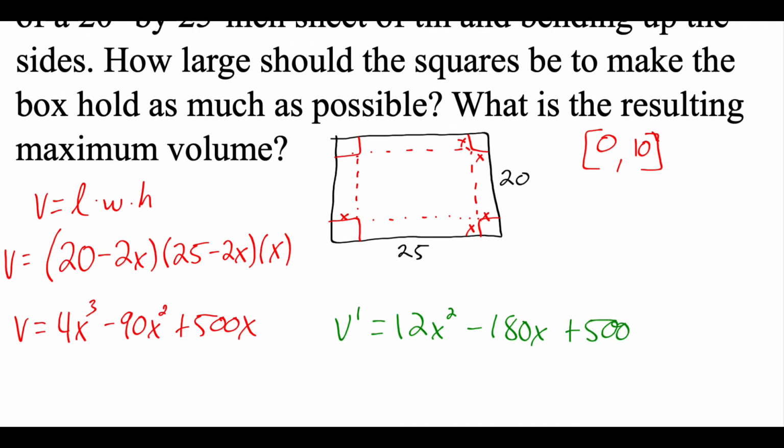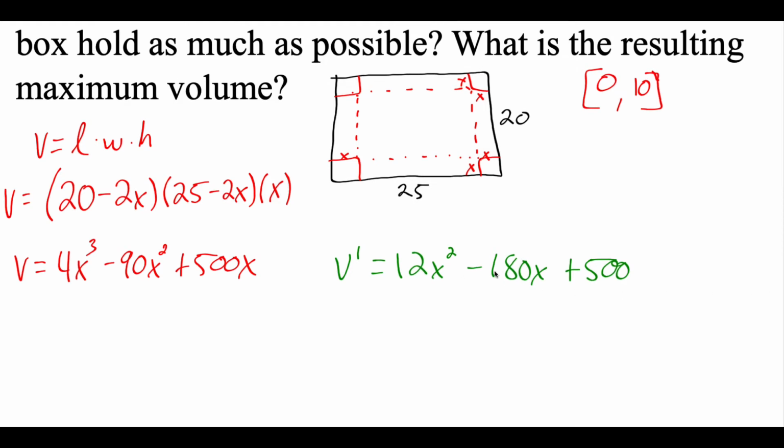To find our critical numbers, we want to set this equal to 0. As I'm looking at it, it doesn't look like it's going to factor out nicely, so we're probably going to have to use the quadratic formula.